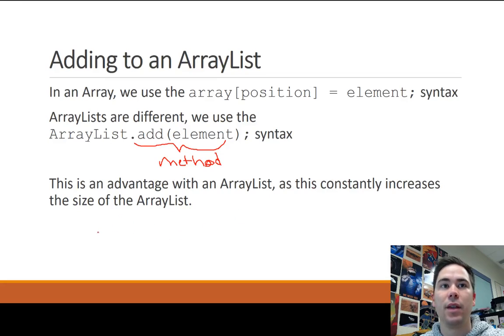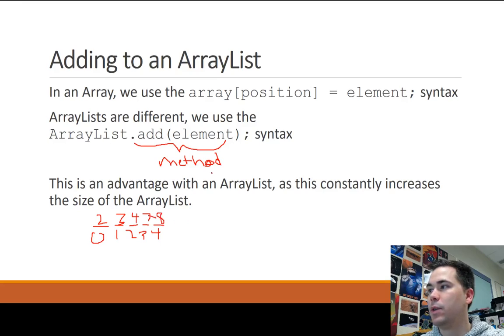This is an advantage with an ArrayList, as this constantly increases the size of the array. So if you had 0, 1, 2, 3, 4 positions, and they're all filled, right? What's going to happen? So say these are 2, 3, 4, 7, and 8.